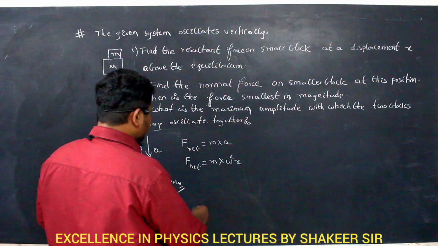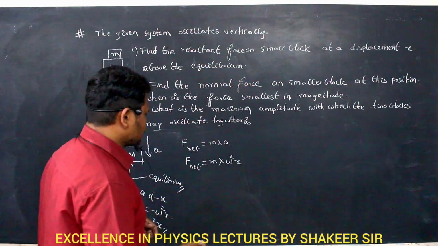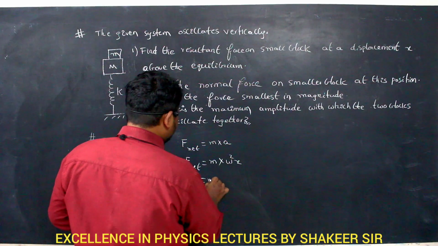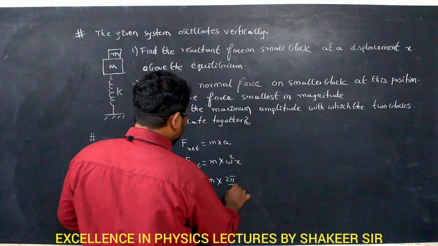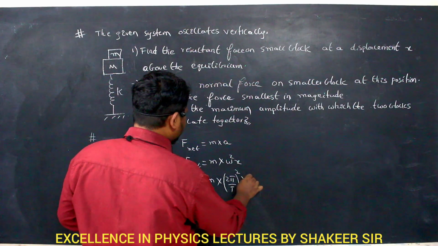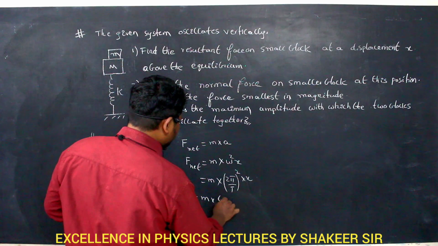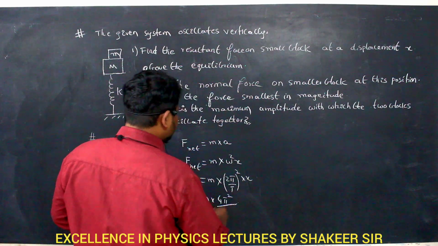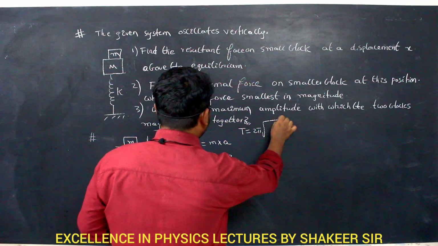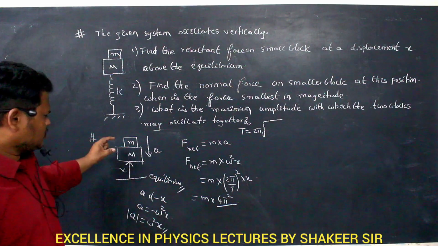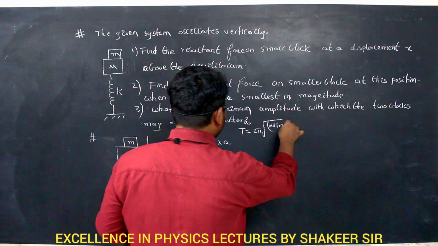Very simple. Omega can be written as 2 pi by capital T. So m into omega square, which is 2 pi by T whole square, multiplied by x. So m into 4 pi square divided by T square. How can I write T? T is equal to 2 pi root m by k. But here two masses are present, so the total mass will become capital M plus small m divided by k.